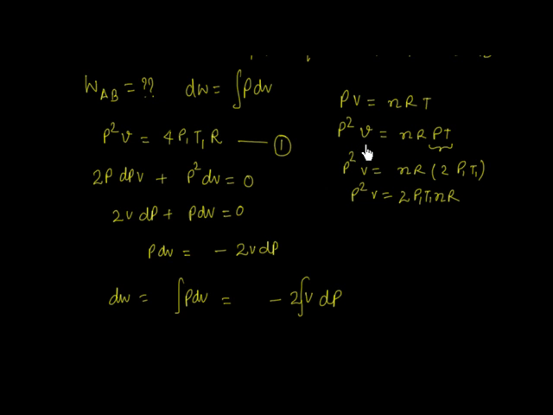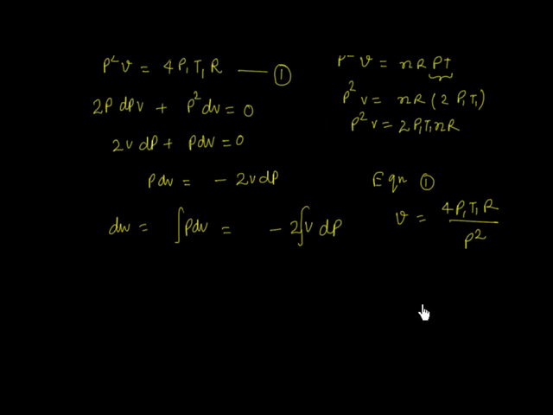I can calculate from here what is V. So from equation 1, I can write, what is V? V is nothing but 4P1T1R by P square. So this is V.